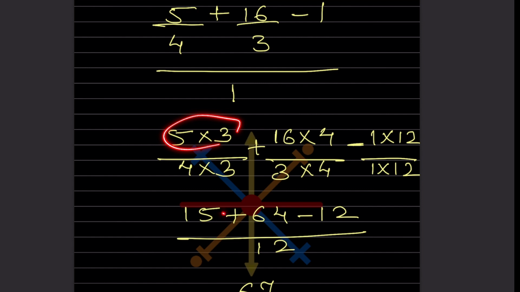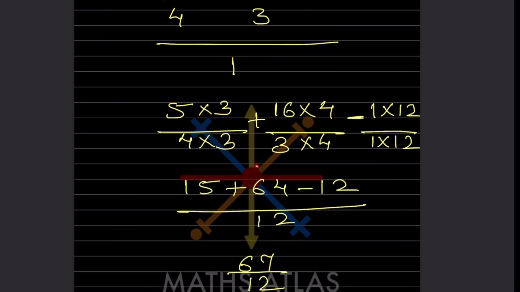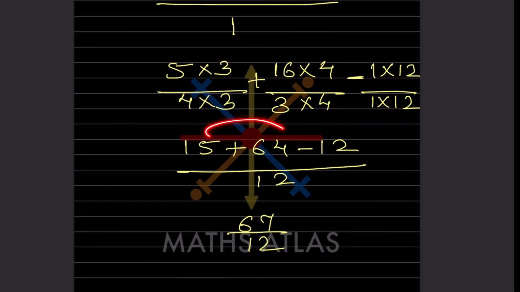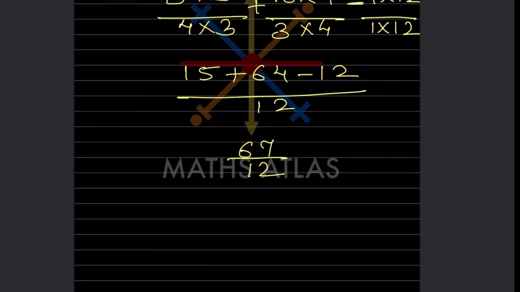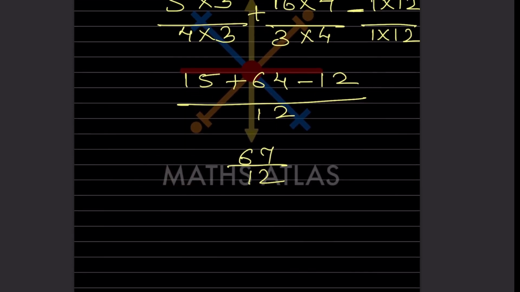So this is going to be 15, 64, 12. And the LCM is 12, so you are going to write 12. So when you add this one, you are going to get 15 plus 64, that is 79, minus 12, and that is 67. So 67 by 12. So by this we have completed today's work.